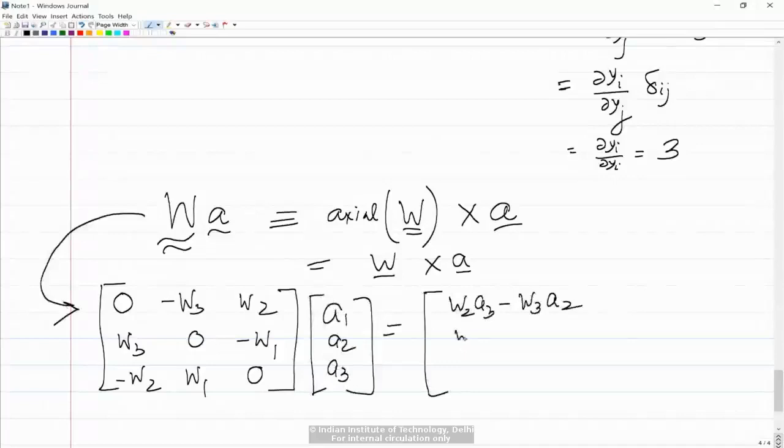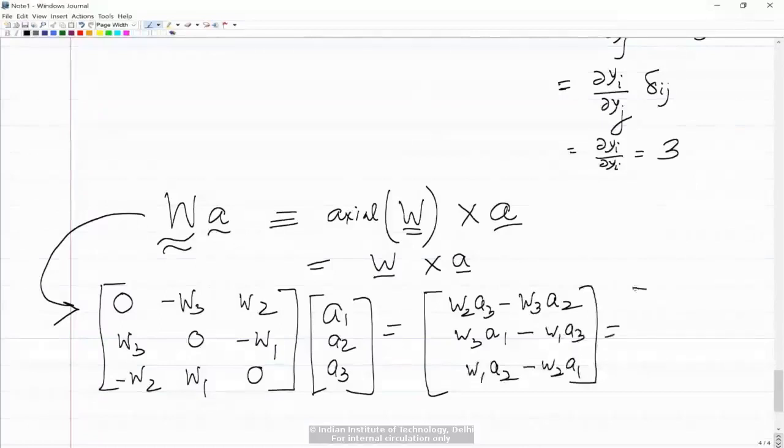And the second one will be W3 into A1 minus W1 into A3. The third one will then be W1 into A2 minus W2 into A1, right?